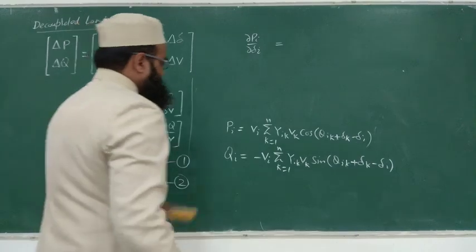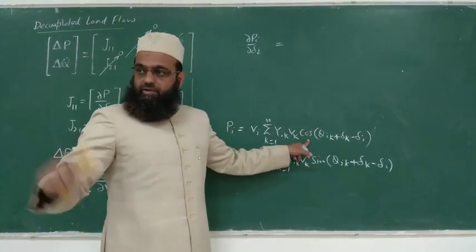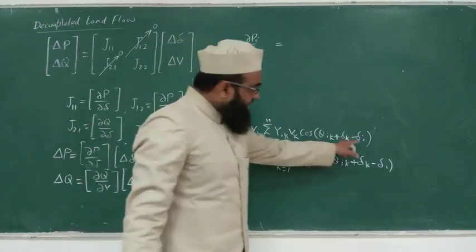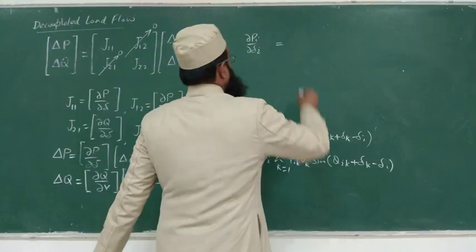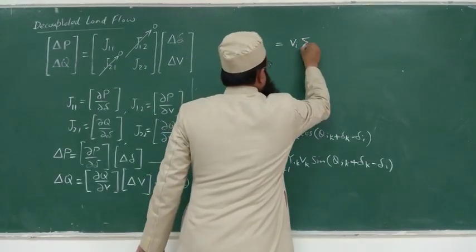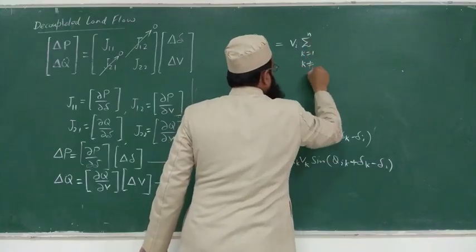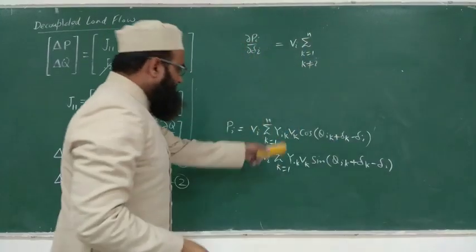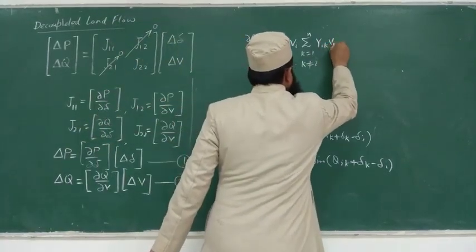So write other terms. This is again cosine. So the first derivative will be negative of sine, and this is again negative, so positive, right? So directly we may write V_i, sum over k equal to 1 to n except k not equal to i, of the magnitude Y_ik V_k.